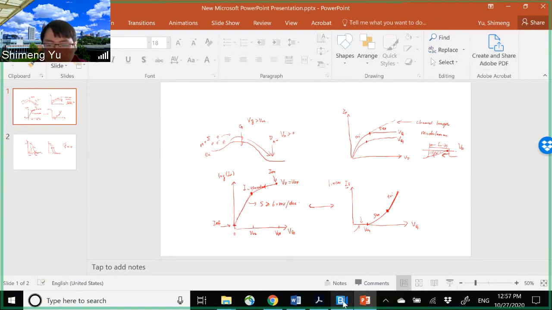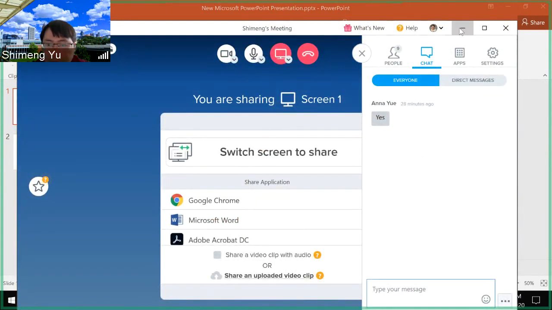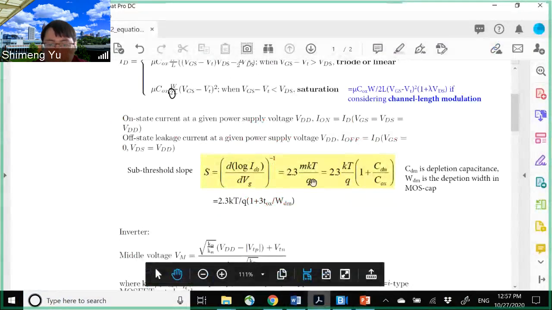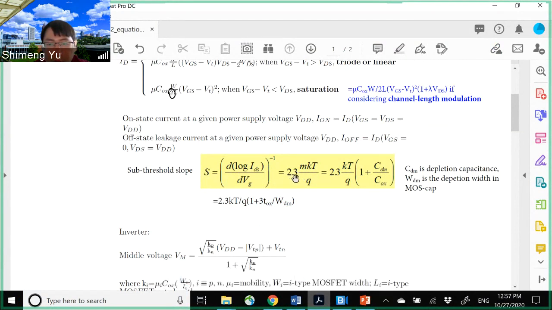If you want to look at what contributes to the S factor, actually it's 2.3 m kT over q. 2.3 is a conversion from natural log 10 to natural log e. So the base is different. It's like your log 10 or log e.